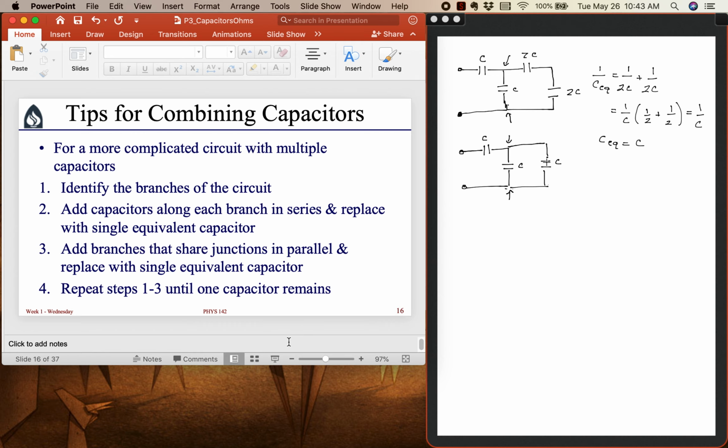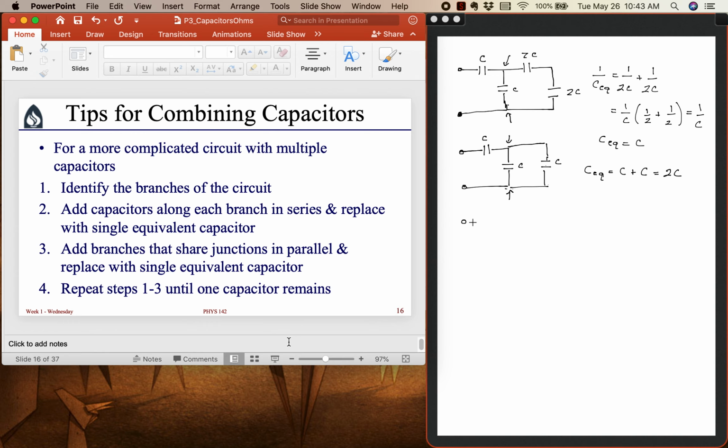So I can then add these capacitors in parallel and replace this arrangement with a single equivalent capacitor. If I'm adding these two capacitors in parallel, I just add the capacitances. So the equivalent capacitance would be equal to C plus C, and that's going to be equal to 2C.